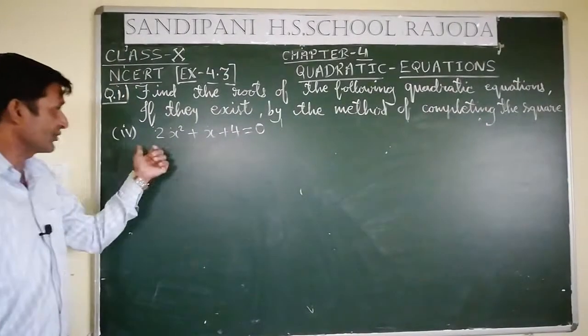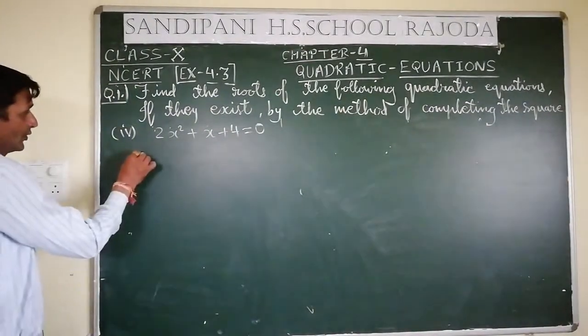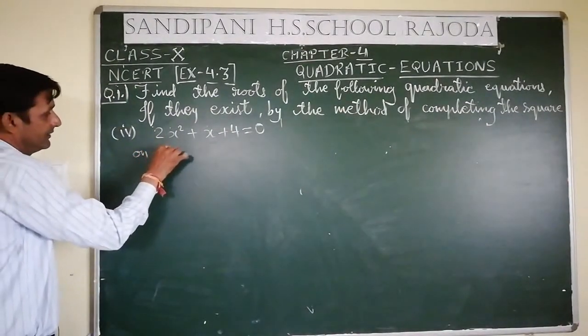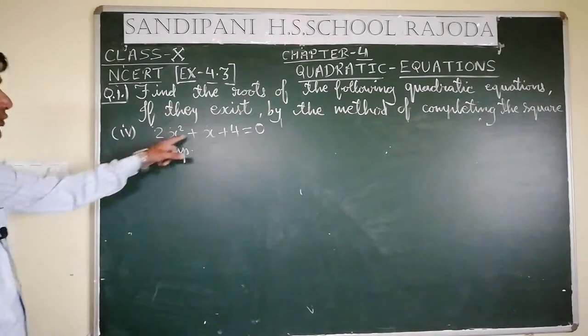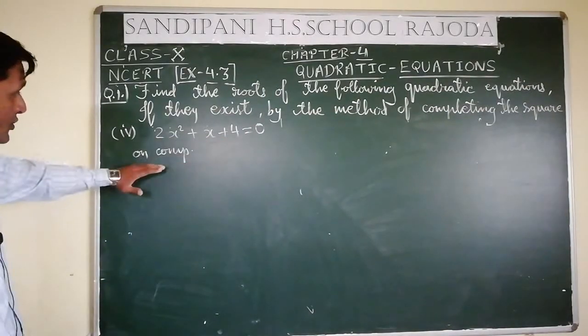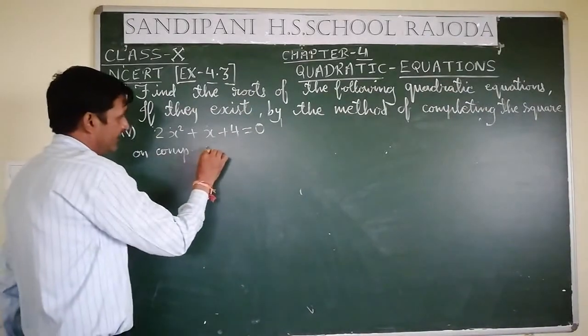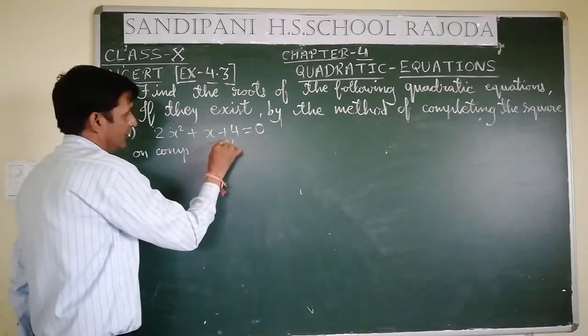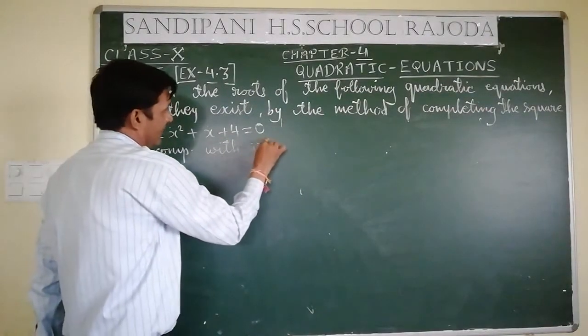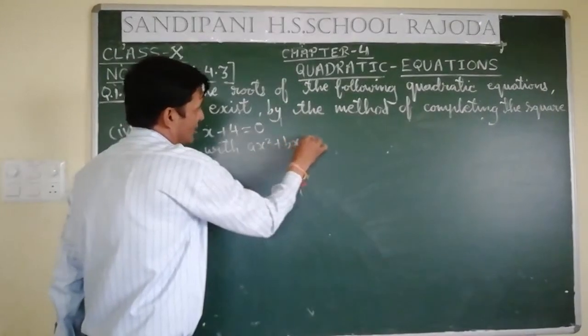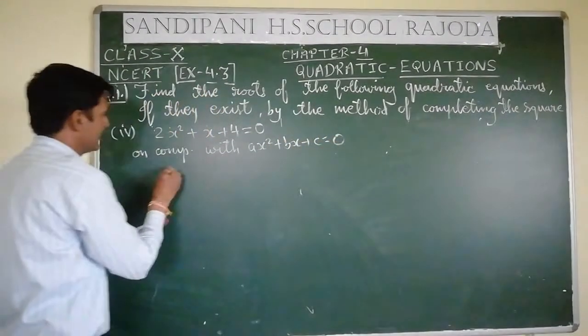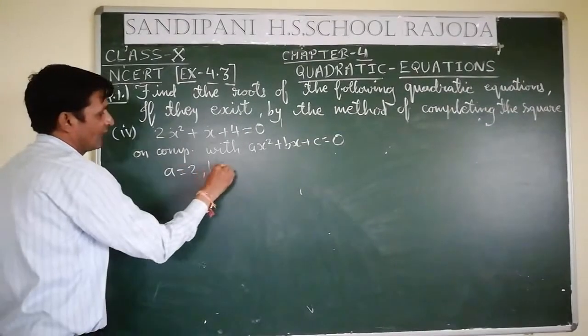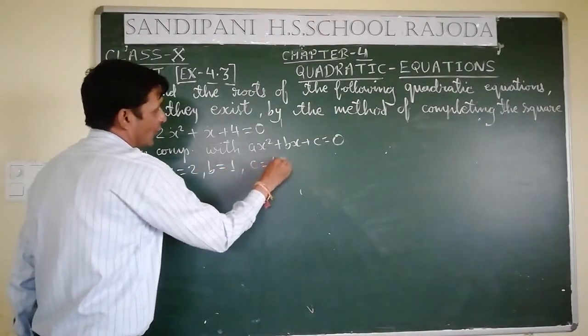Now it is our last question. Here also we have to compare it. The question is 2x square plus x plus 4 is equal to 0. So on comparing it with ax square plus bx plus c is equal to 0, a is equal to 2, b is equal to 1 and c is equal to 4.